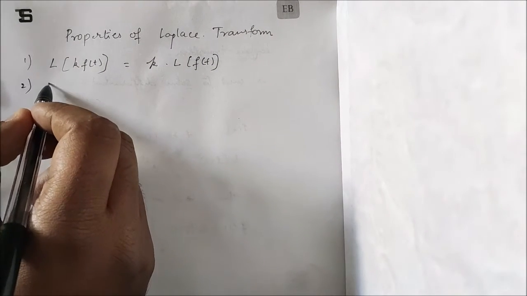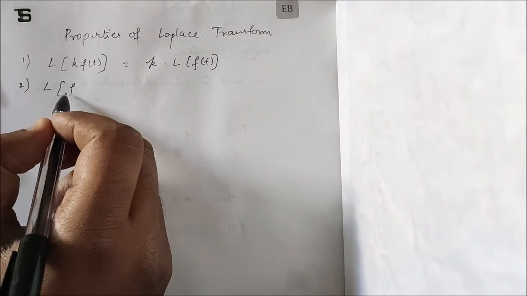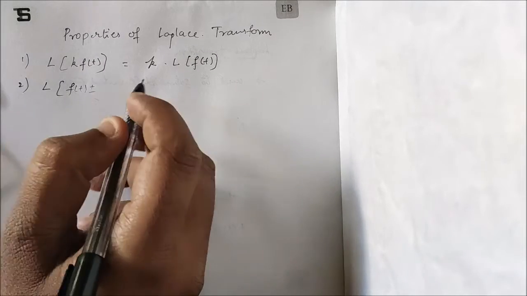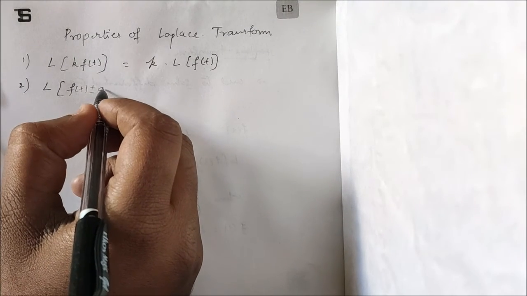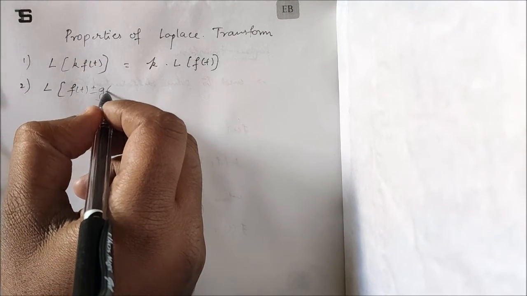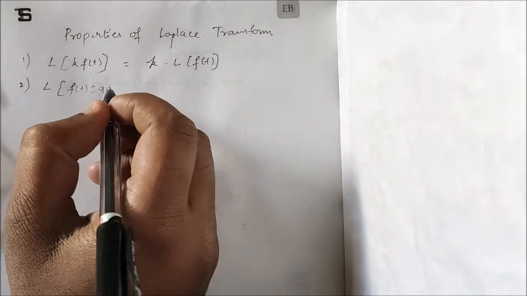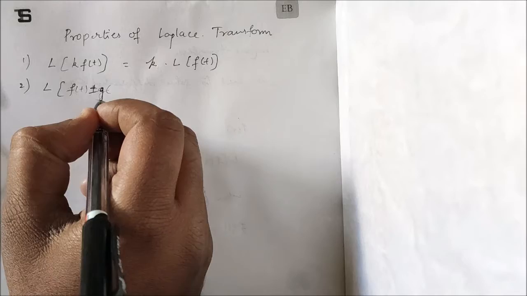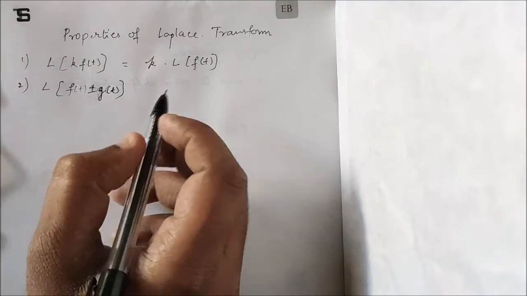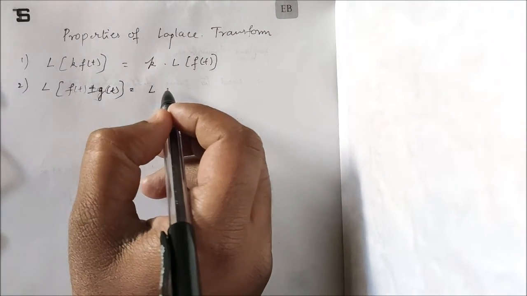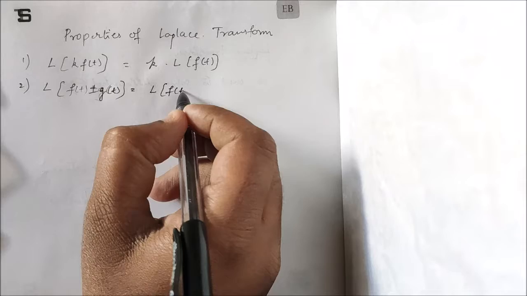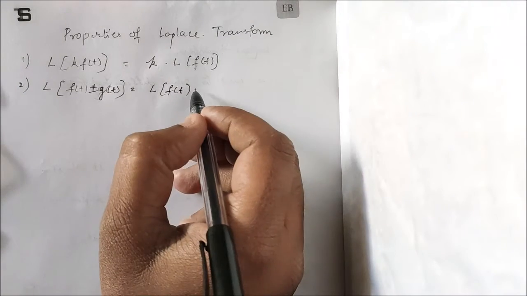Second is if there exist two functions f of t plus or minus g of t, then the value will be equal to L of f of t plus or minus L of g of t.